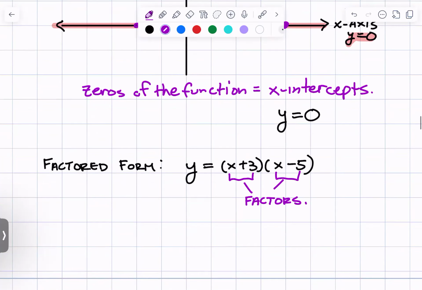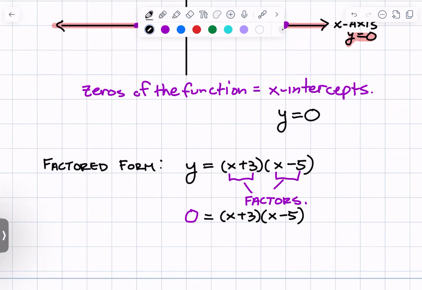And let's think about it. If I'm gonna set y equal to 0 to find my x-intercepts or the zeros of the function, I'm gonna label this 0 equals (x plus 3) times (x minus 5). Notice what I said. The operation in between x plus 3 and x minus 5 is multiplication, right?